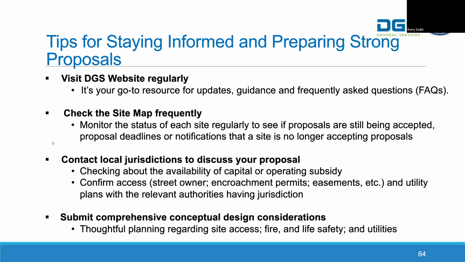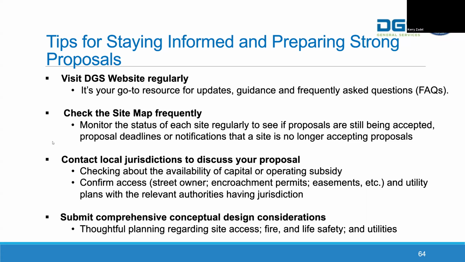That will give you information on the status of each site to see if proposals are still being accepted. If they've been awarded, they'll change colors, or if there's proposal deadlines or notifications that a site is no longer accepting proposals. So it's really important to keep checking back in the map and the DGS website for updates and guidance.